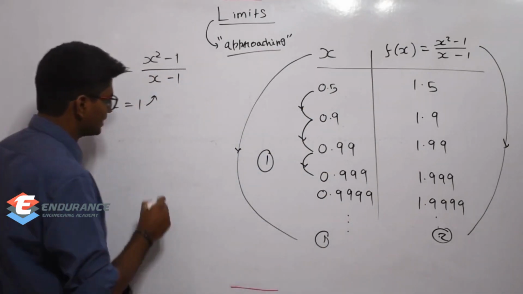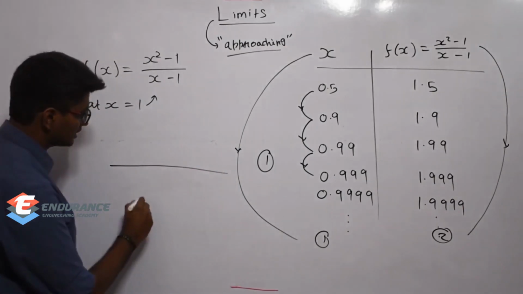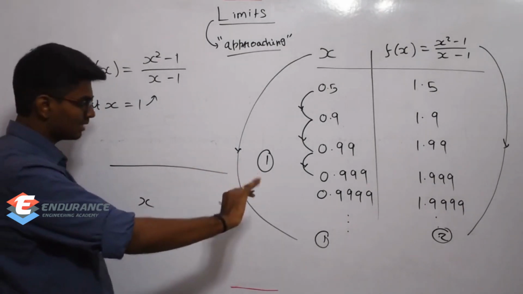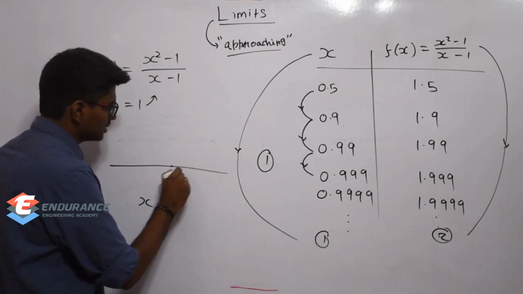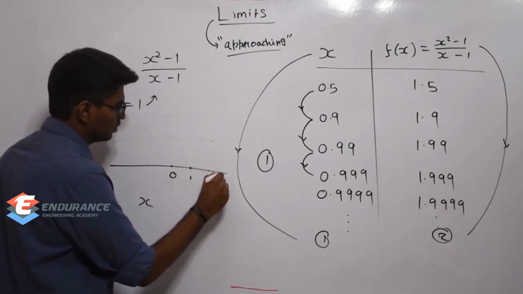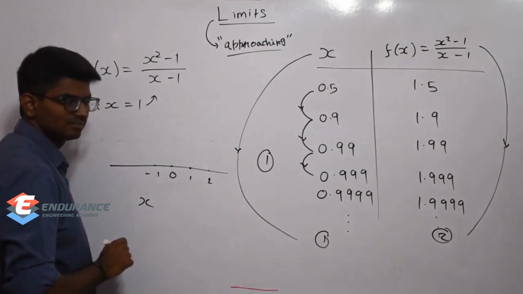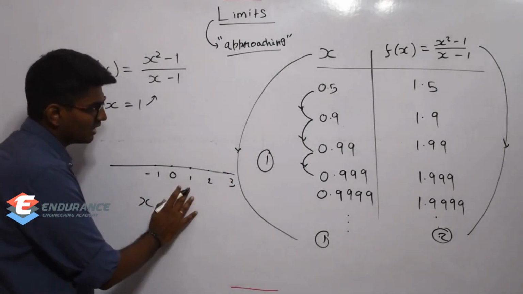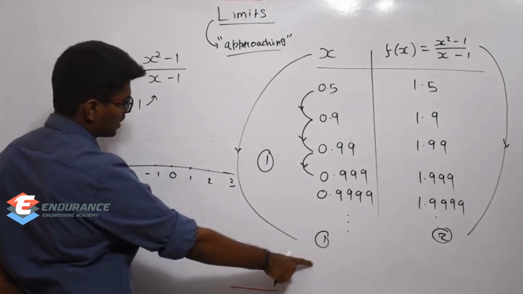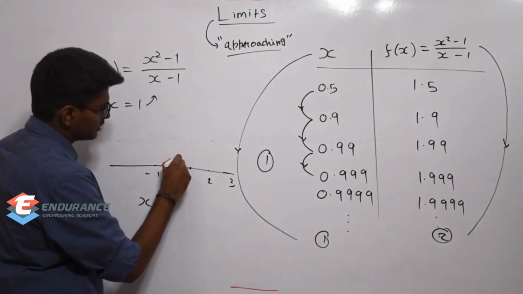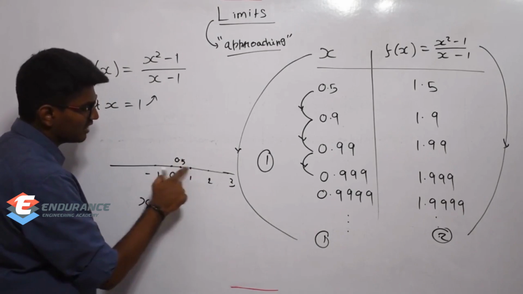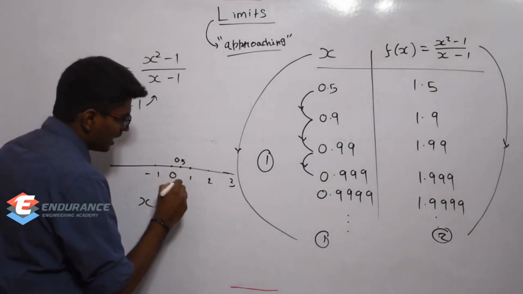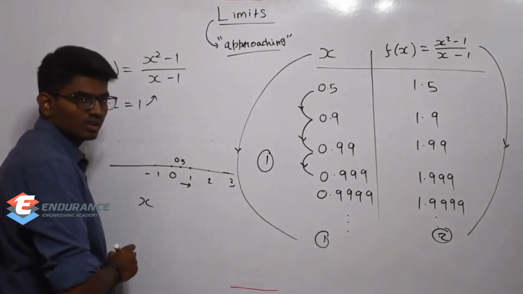In the same case, if I try to plot this x in a number system, on a line segment, what happens? 0, 1, 2, minus 1, 3. I can plot it like this, right? What I am doing here, I am approaching from 0.5 to 1, which means somewhere between 0 and 1 will be the 0.5, and from 0.5 I am approaching 1.